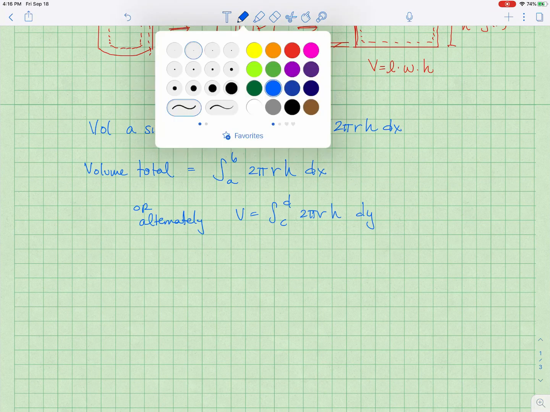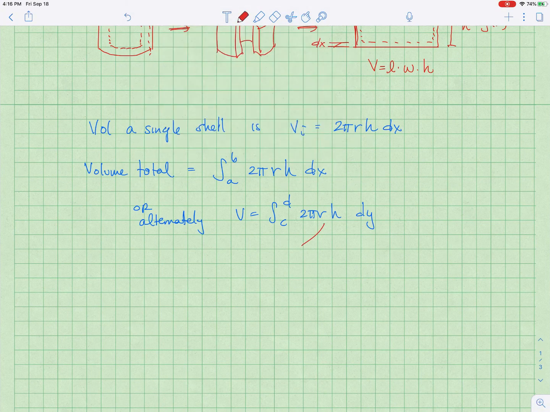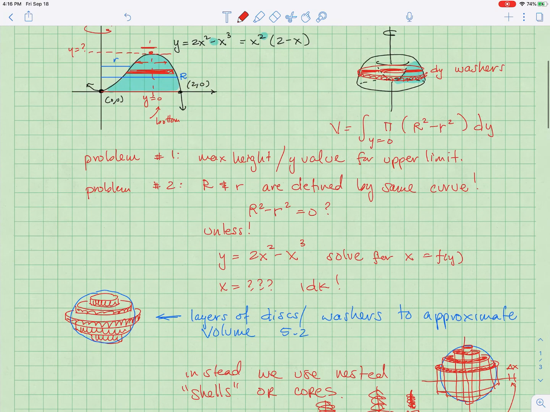Now, in either one of these cases, here r and h are functions of y, and here r and h are functions of x.